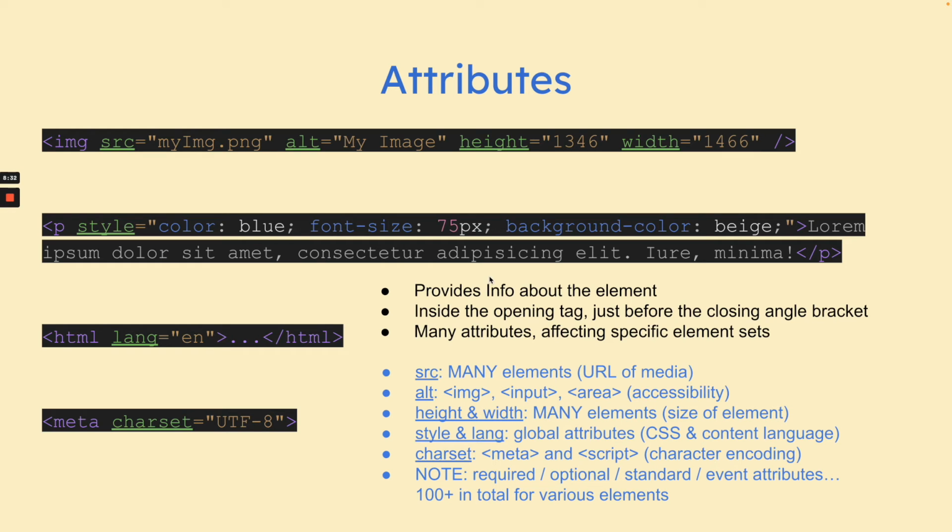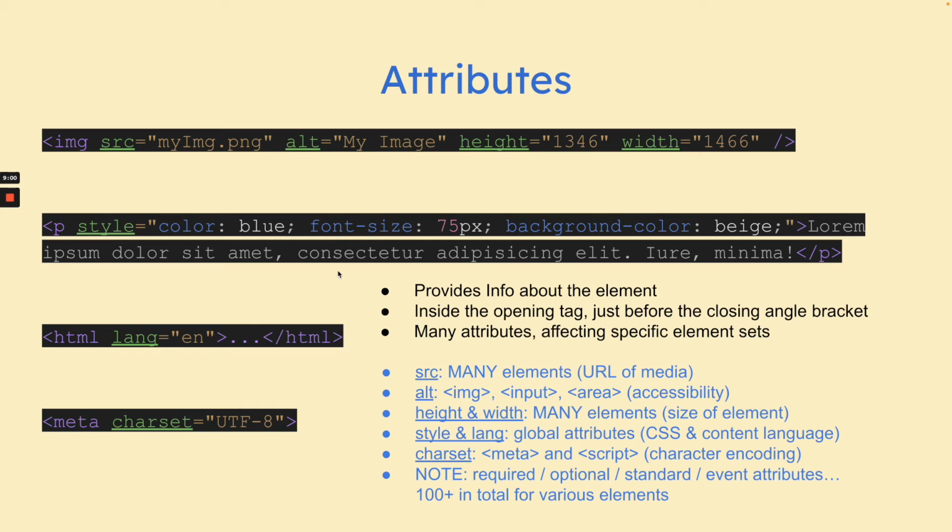Now, each attribute provides information about the element, and it's always inside the opening tag just before the closing angle bracket. So you'll notice whether it's a self-closing element or if you have the opening and closing tag like this paragraph, you'll still notice that the closing angle bracket of the opening tag is really what is containing those attributes.